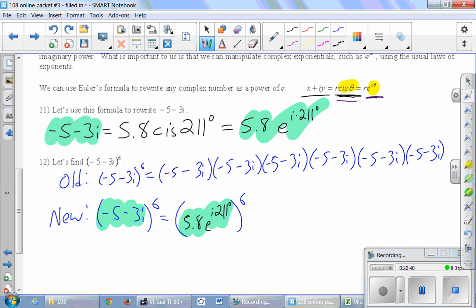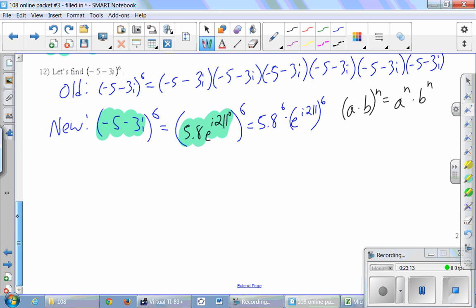Aha, but we have a property that says, if you want to take a times b and raise it to some power, you can take that power and in a sense distribute. I don't like using that word, but the power comes in and hits all of the factors inside the parentheses. So let's try that here. The sixth power comes in and hits the 5.8, and it also comes in and hits the e to the i times 211.